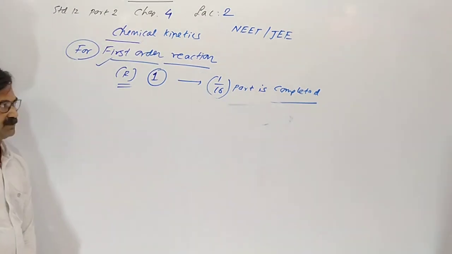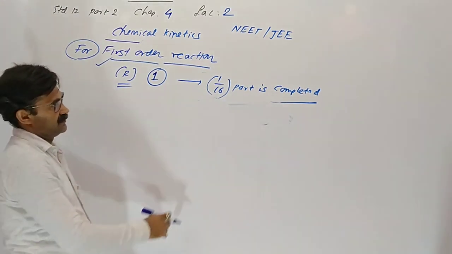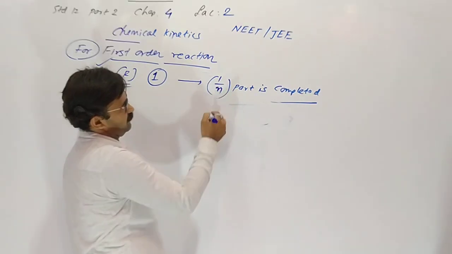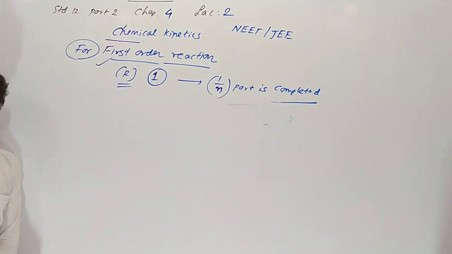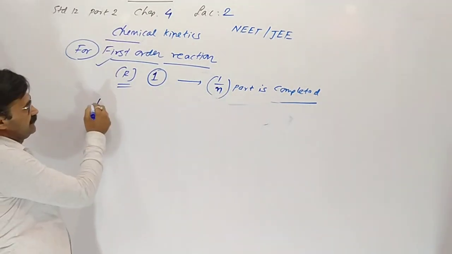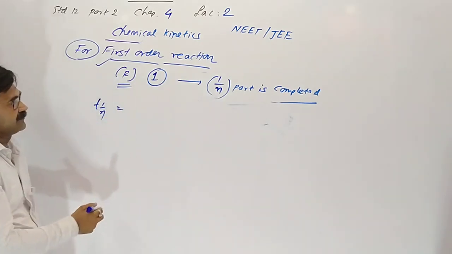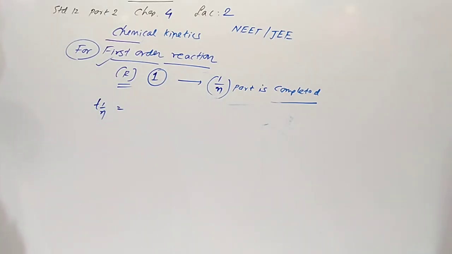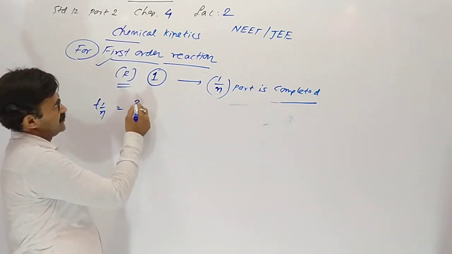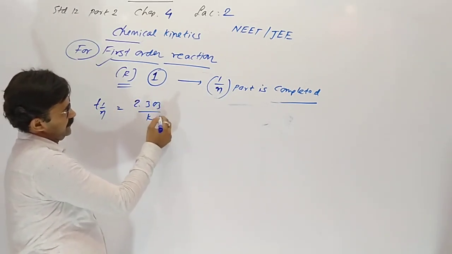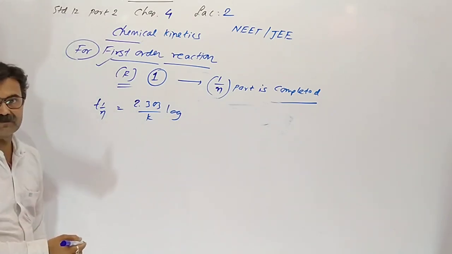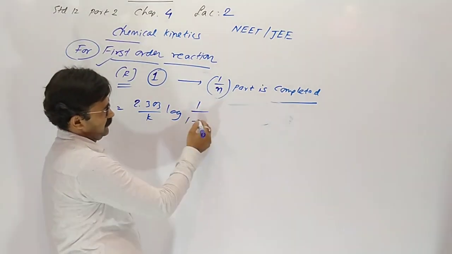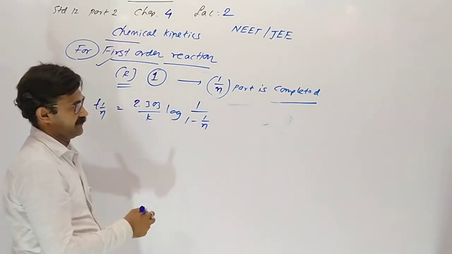Suppose 1/n part is completed. So the time taken for first order is 2.303 upon K log 1 upon (1 minus 1/n).